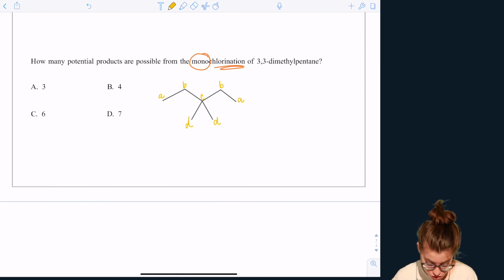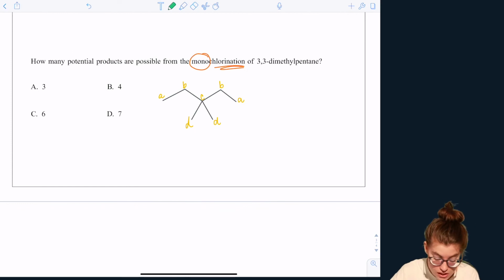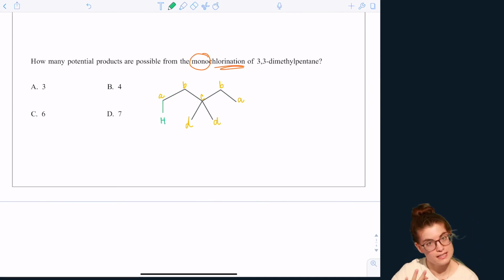Now we have to figure out which of A, B, C, and D have hydrogens on them. So let's change color. Is there at least one hydrogen on carbon A? Yes, in fact there's 3, but we only need at least 1 to do monochlorination. Does carbon B have at least 1 hydrogen?